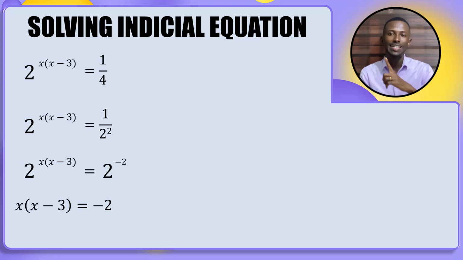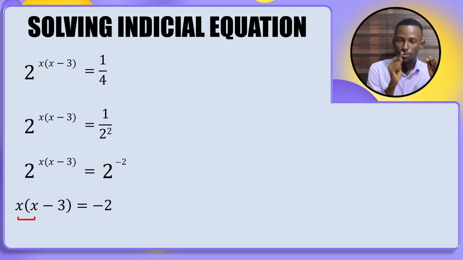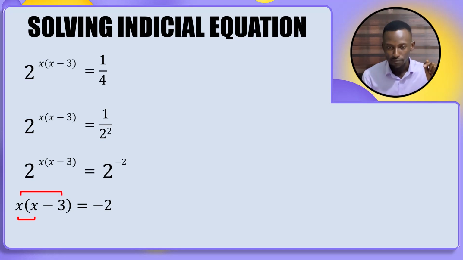Let's expand the exponent on our left, which is x, bracket opens, x minus 3. Remember, our focus is to solve for x. So at this step, all we have to do is to expand. We'll pick the x outside and use it to multiply the first x. After that, we'll use it to multiply the negative 3.